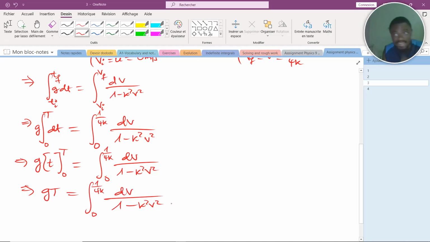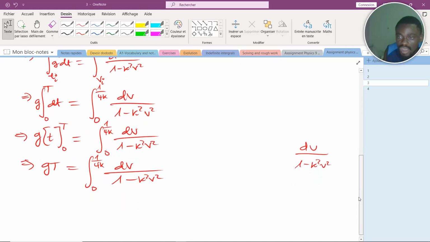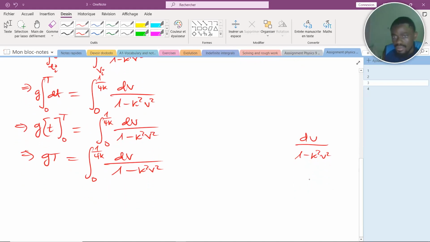Now, this is the question you are supposed to ask yourself: how do I integrate dv over 1 minus k square v square? This is very simple. This is a constant.